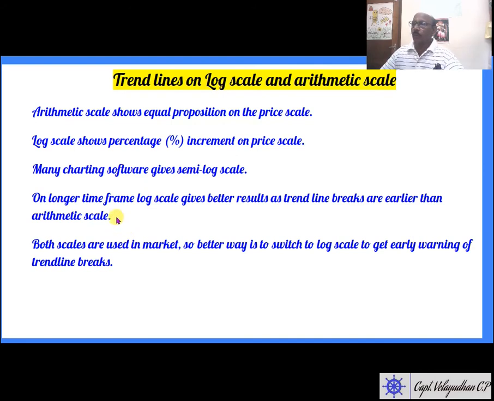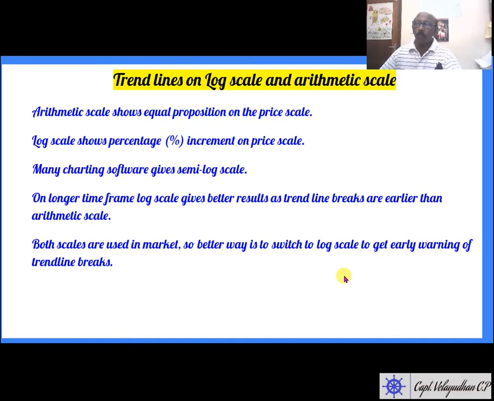On longer time frames, log scale gives better results, as trend line breaks are earlier than on the arithmetic scale. Both scales are used in the market, so a better way is to switch to log scale to get an early warning of the trend line.